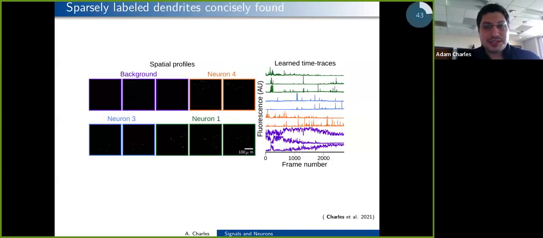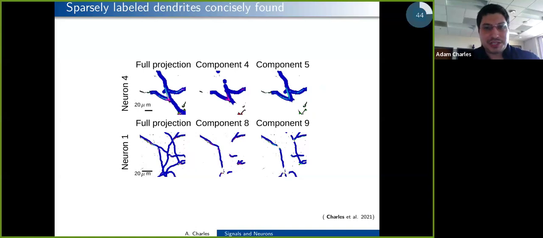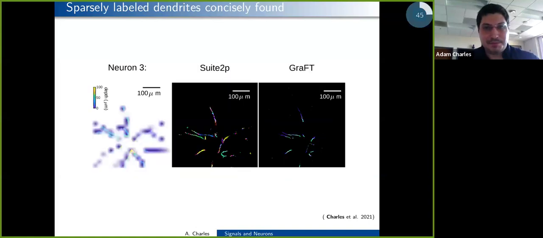More importantly, we tested this, and to make sure that we have time, I want to jump to the dendritic components. So we took some data from our collaborator, Jackie Schiller. They imaged dendrites in motor cortex. Here is a sparsely labeled data set.